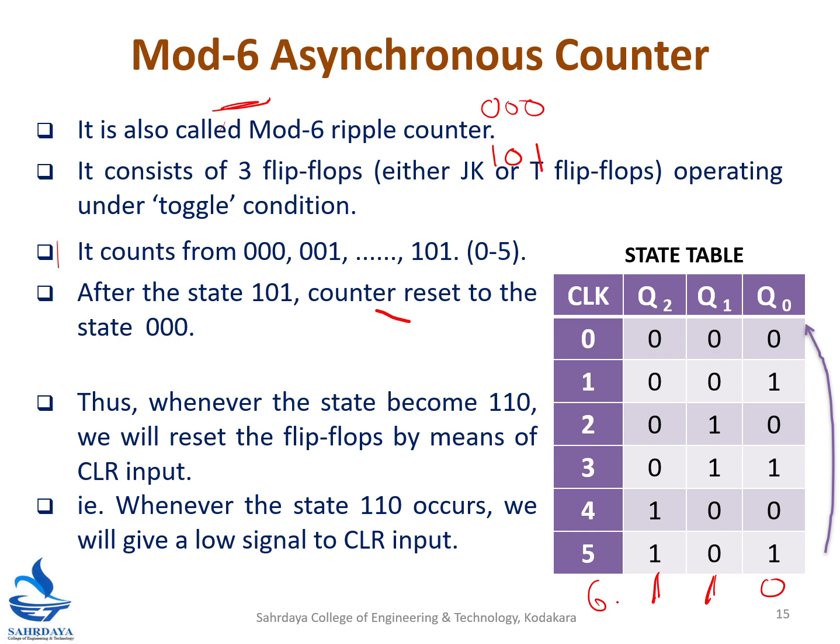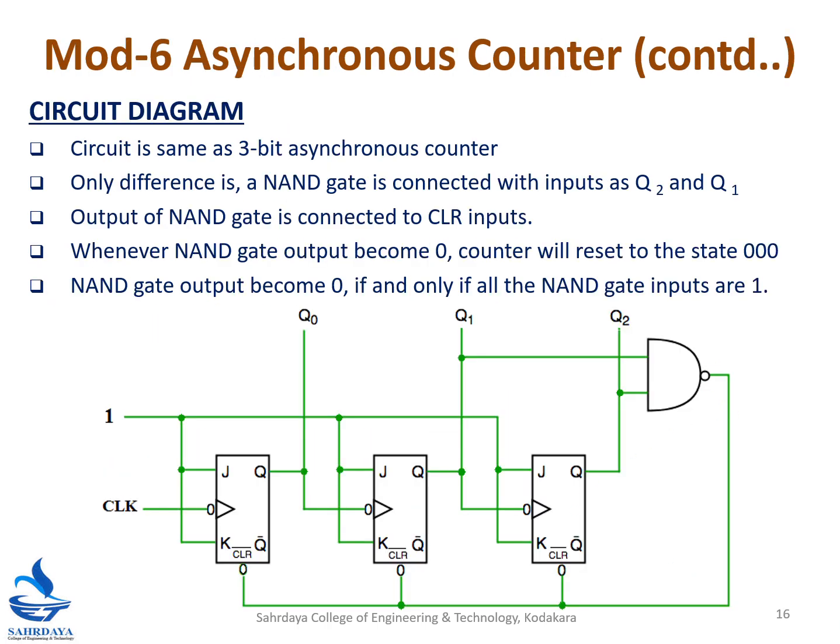So whenever 6 comes, the flip-flops need to be cleared and reset to 000. 6 means 110. Whenever the state 110 comes, Q2 and Q1 become 1. When Q2 and Q1 become 1, the NAND gate output becomes 0, and that 0 is used to clear all the flip-flop outputs. That's why Q2 and Q1 outputs are connected to this NAND gate. Whenever the 6th state comes, at the same instant, all the flip-flops need to be cleared.